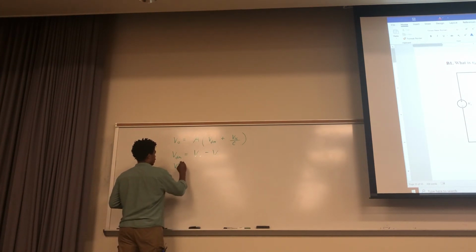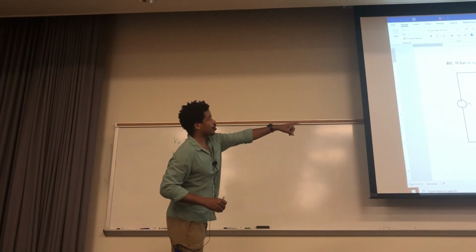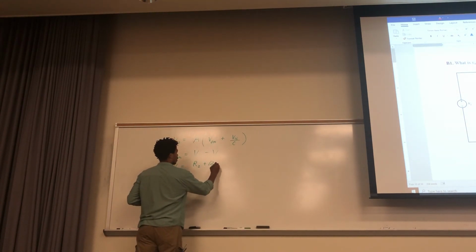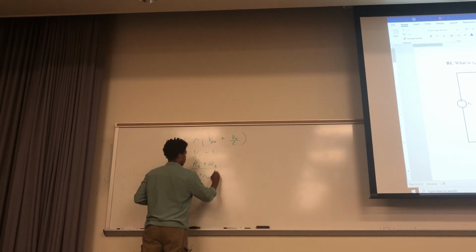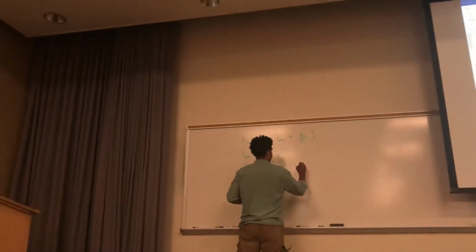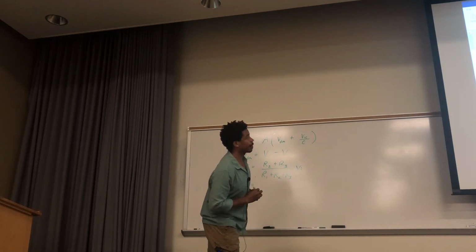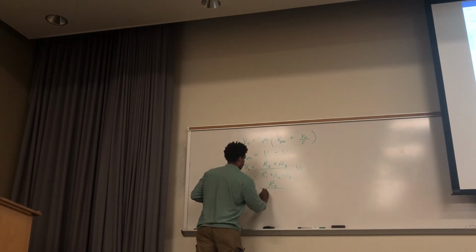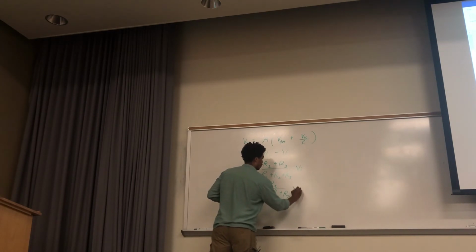And V plus is equal to, for voltage division, what's below is R2, R3, on top is everything, and it starts off at VI. And V minus, on the bottom of that, is just R3 over all the resistances, starting off at VI.